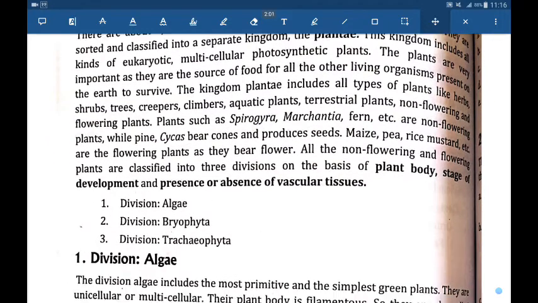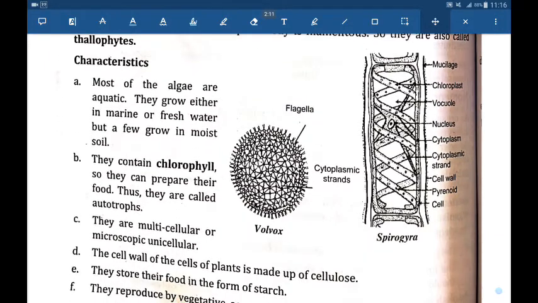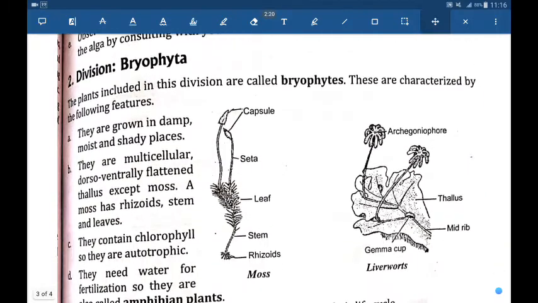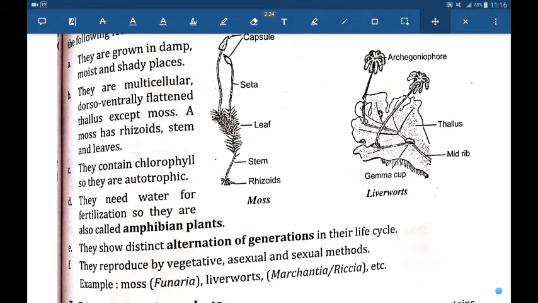and divisions of the plant kingdom, algae, some important characteristics, not all, with some examples. We should remember at least 3 to 4 characteristics, enough, okay?